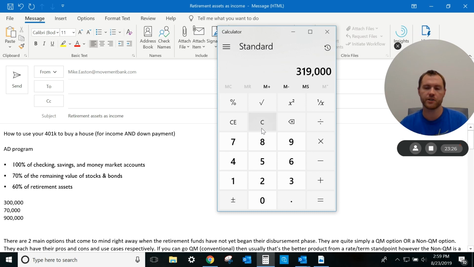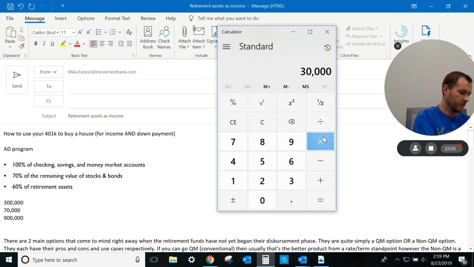So current monthly obligations, that's stuff that's reporting to your credit report. So if you have, I don't know, $500 a month in monthly debt times 12 is 6,000, times 5, that's 30,000 right there.